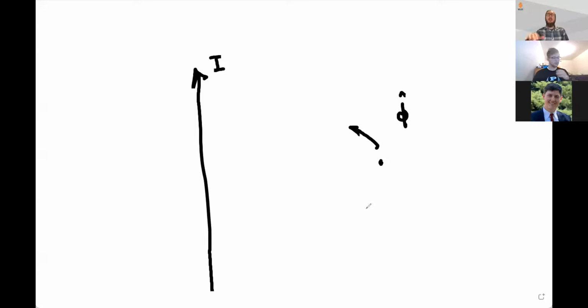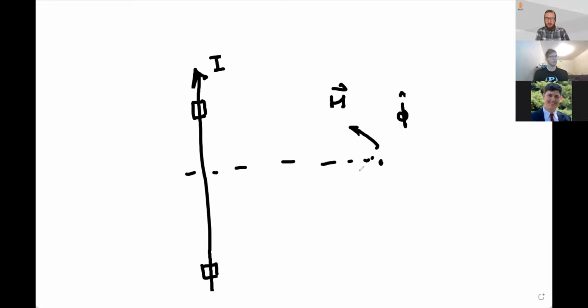But we get there from some cross product that has to do with the vector between the source and the point. And so we can see that the contribution to the H field from this section would be negated by the contribution from this section due to the symmetry aspect.